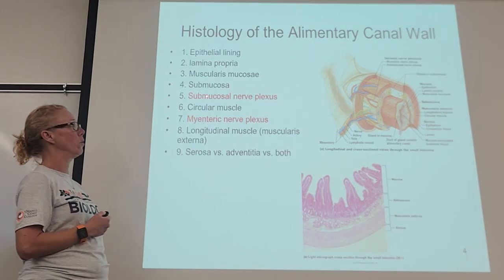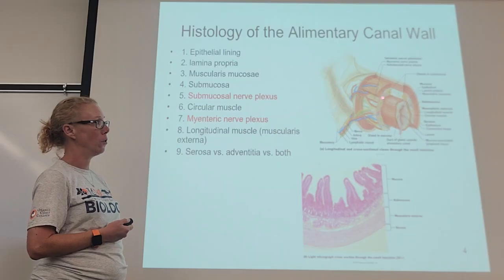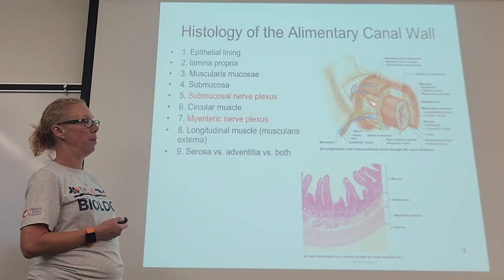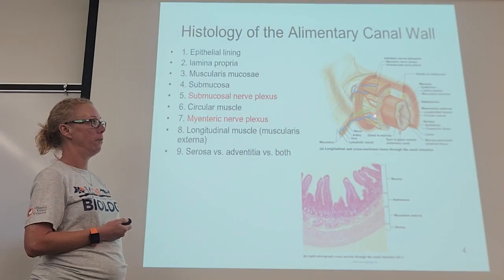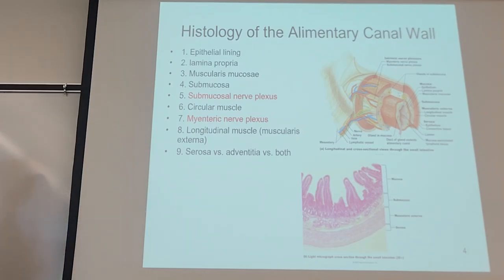Then superficial to that, we identified the submucosa, which in this picture shows these little yellow structures representing glands. And then we have a lot of blood vessels, lymphatic vessels, and nerves in this submucosa layer.